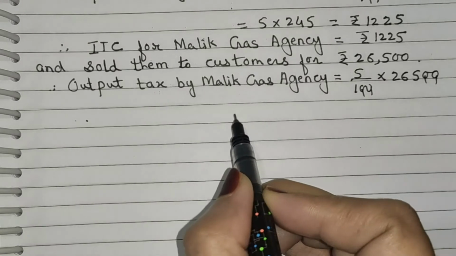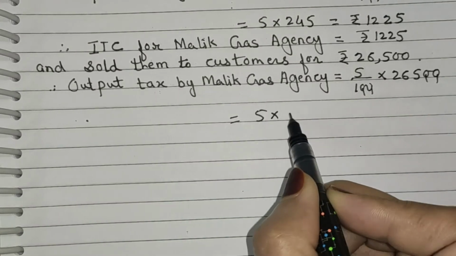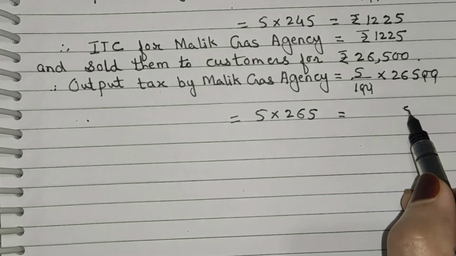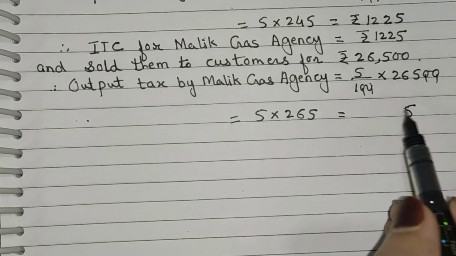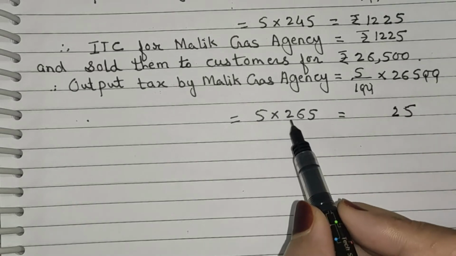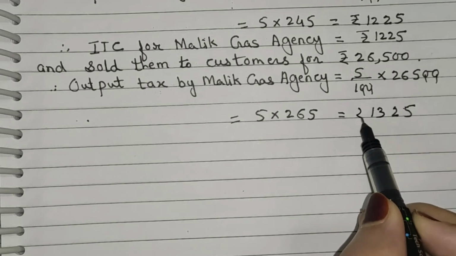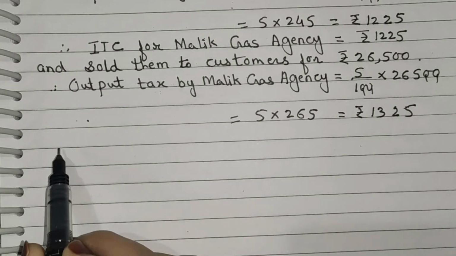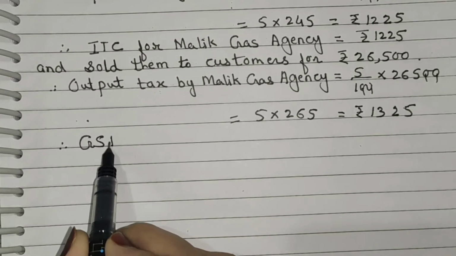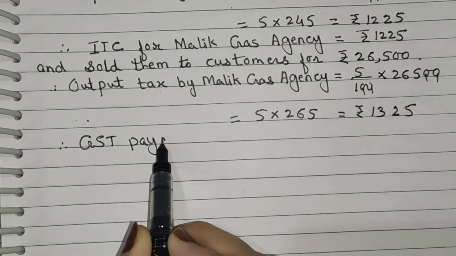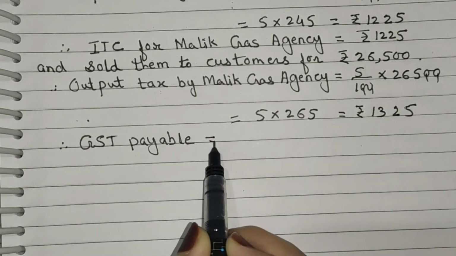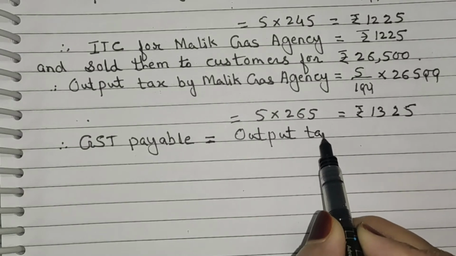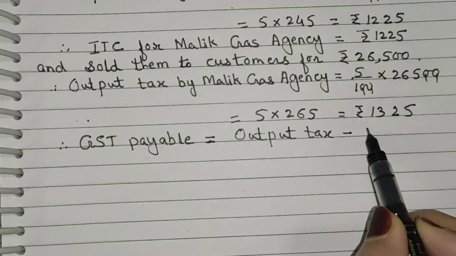Now we get here 5 into 265. 5 5s are 25, 5 carry 2, 5 6s are 30 plus 2, 32, 2 carry 3, 5 2s are 10 plus 3, 13. Now we get here 1325. Therefore, GST payable by Malik Gas Agency is equal to output tax minus ITC, or you can say input tax.